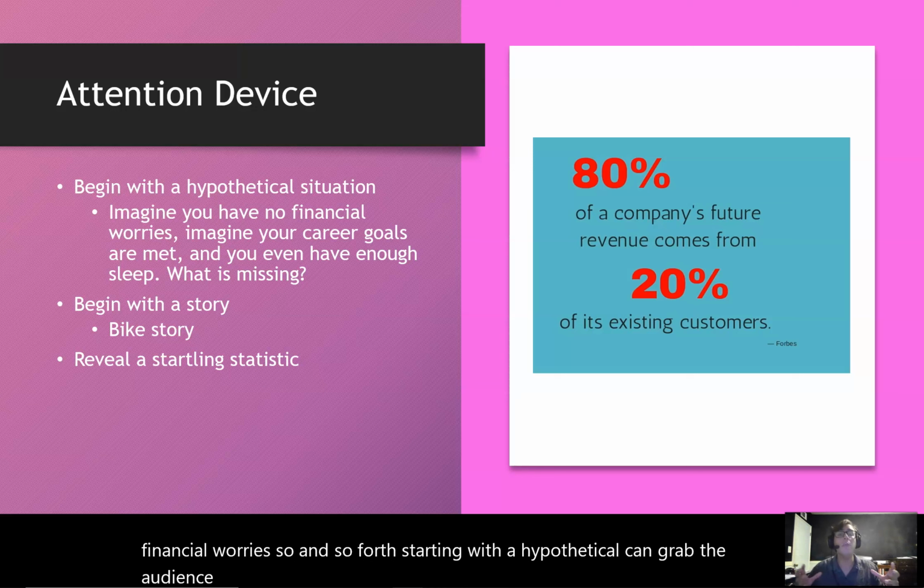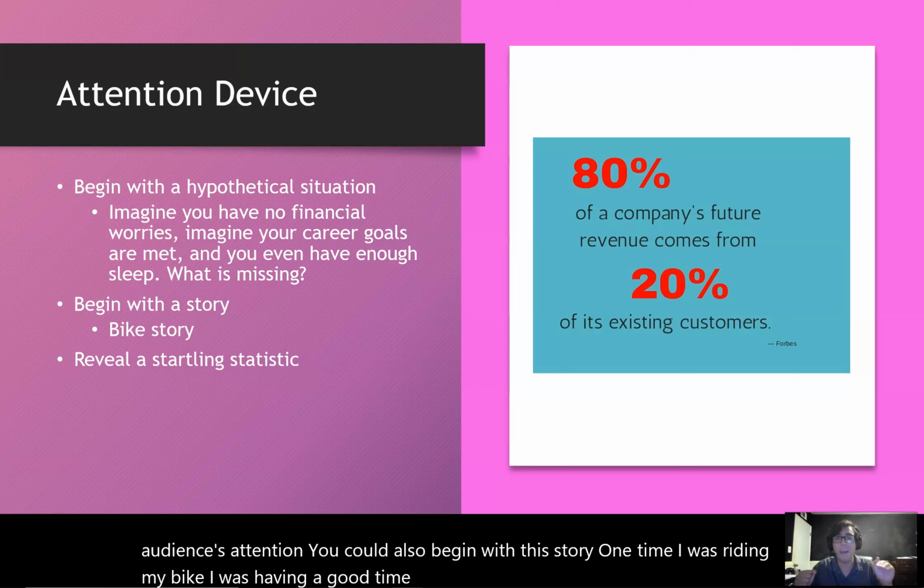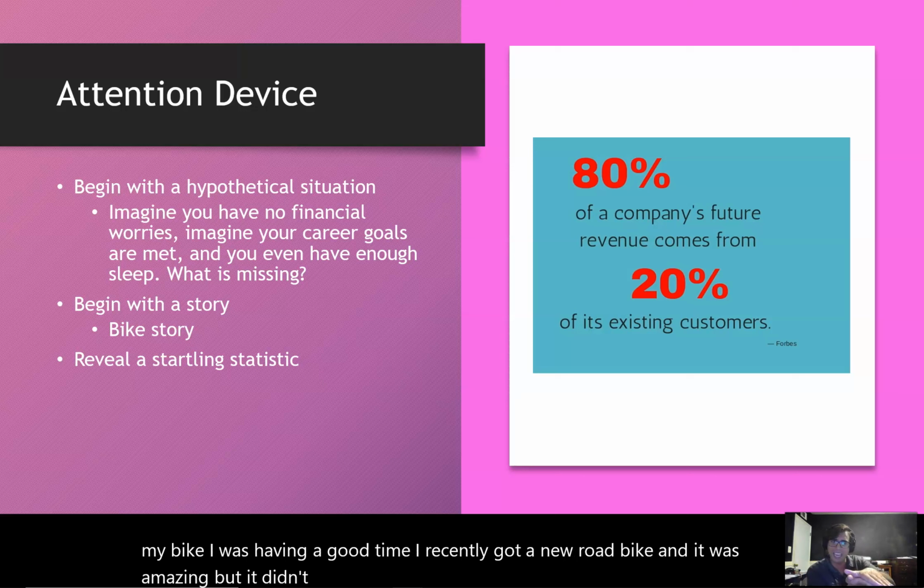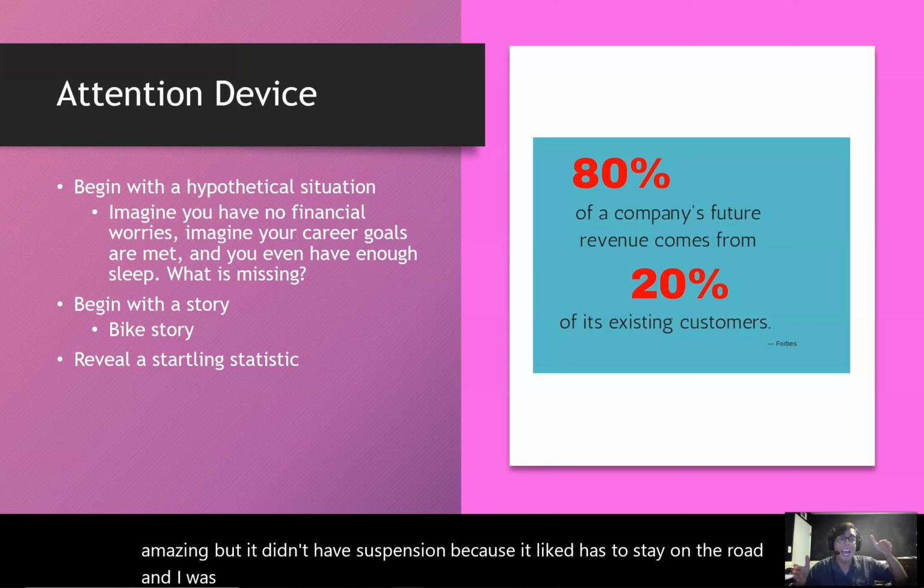You could also begin with a story. One time I was riding my bike. I was having a good time. I recently got a new road bike and it was amazing, but it didn't have suspension because it has to stay on the road. And I was going super fast. It was awesome. And I decided to take a turn real fast and I slid. I hit a pothole.